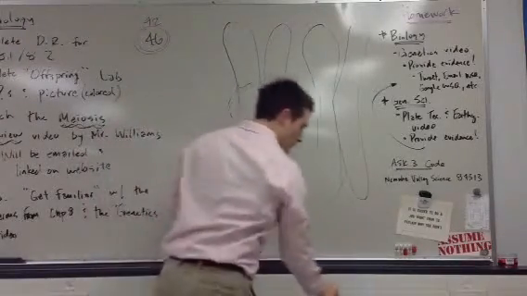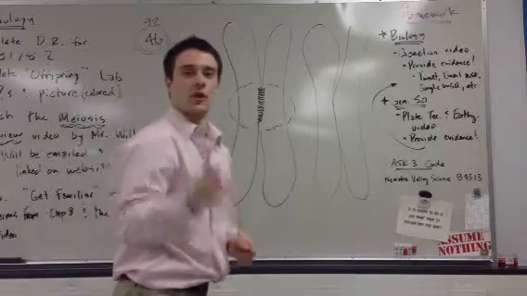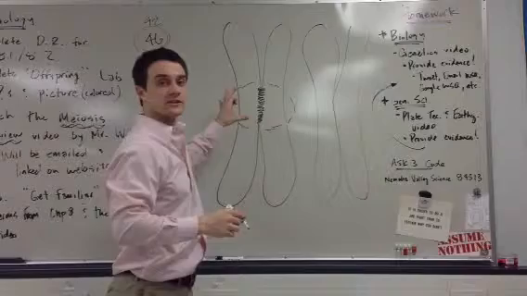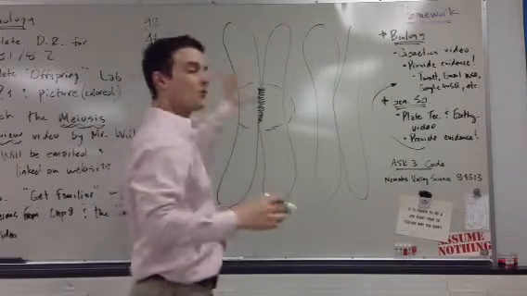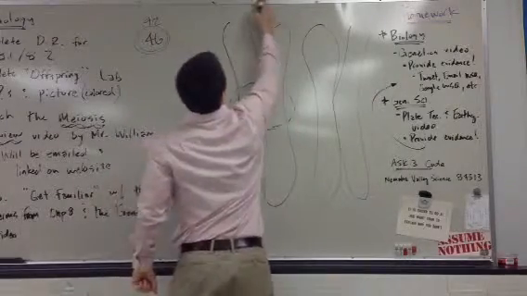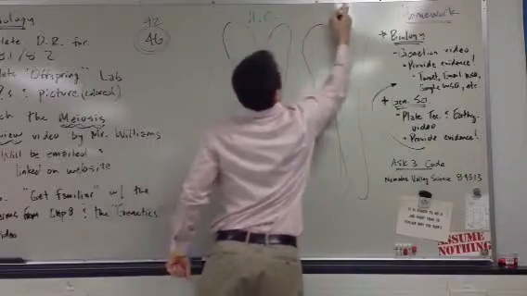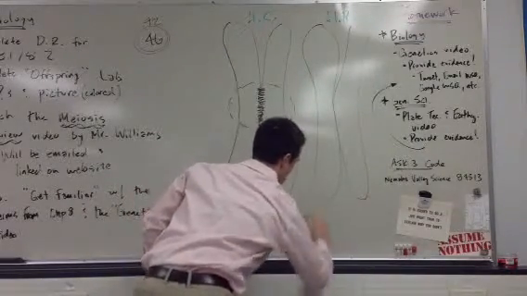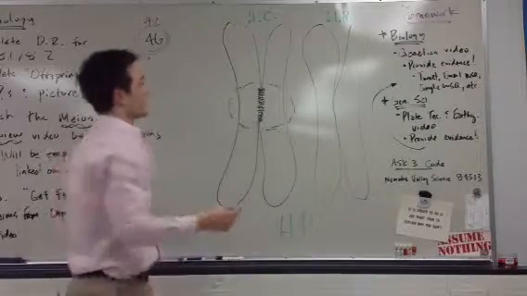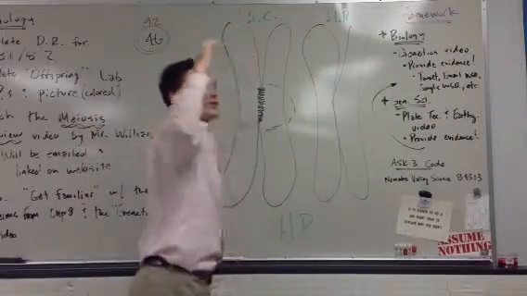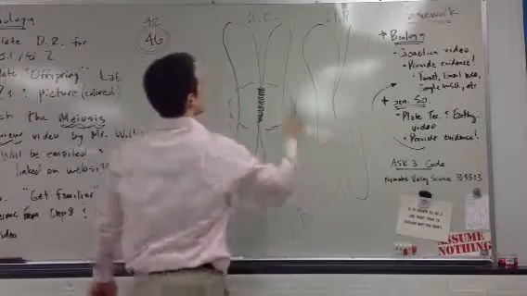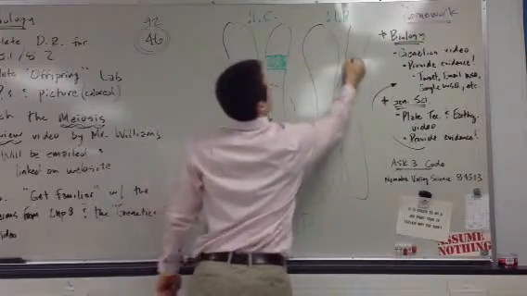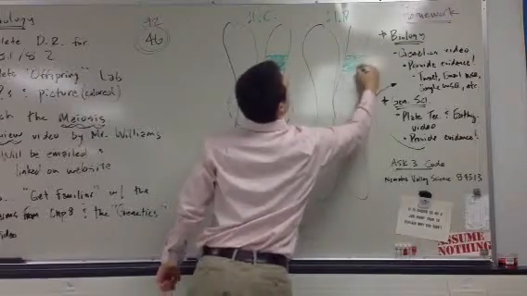Now crossing over occurs in prophase 1 of meiosis. So these homologous chromosomes, this HC and this HC, come together to make a homologous pair, an HP. And reciprocal or corresponding areas of the homologous chromosomes are then flip-flopped.